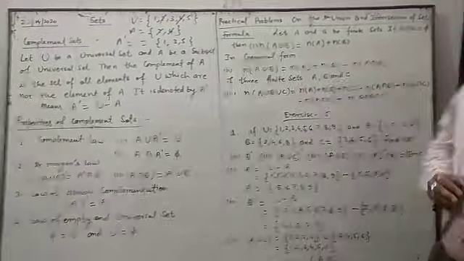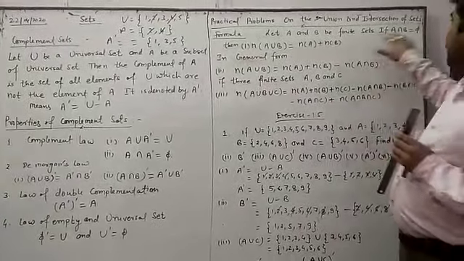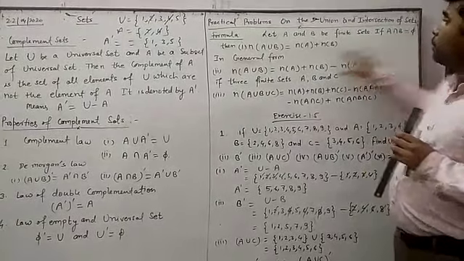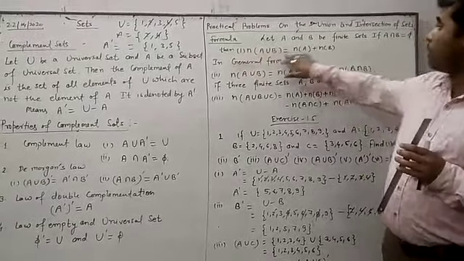Suppose there are two finite sets. If the condition A intersection B is equal to phi holds, then the formula takes the simple form.